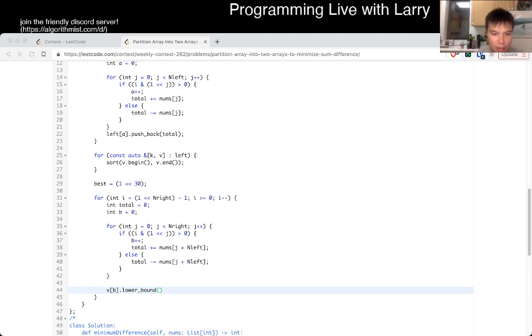Can't believe I have to fix this to do this. Okay. Actually, I don't really remember how to binary search in C++.